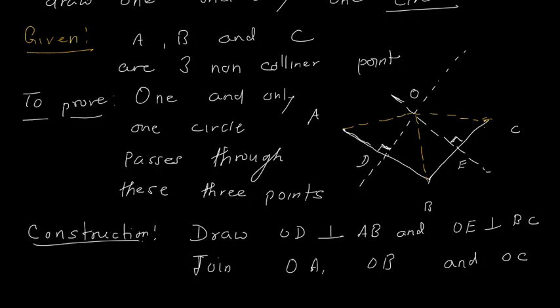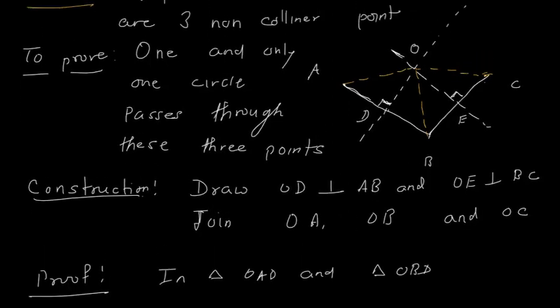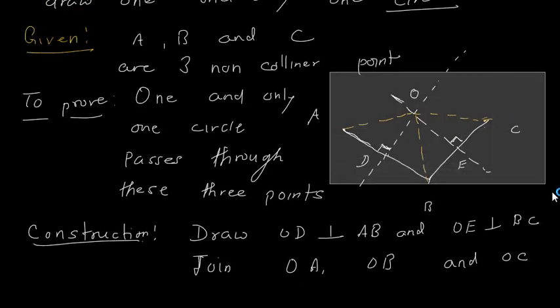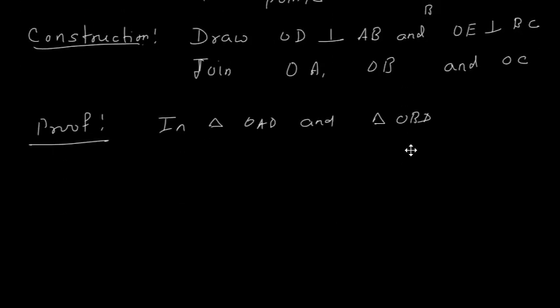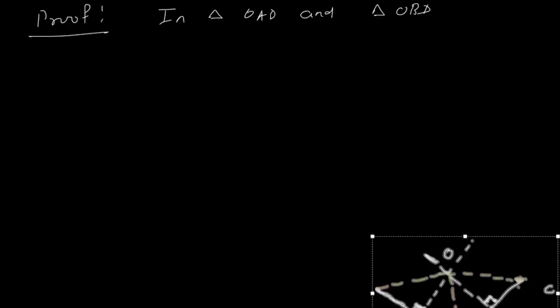This angle is 90 degrees and side OD is a common side. So what I can do is copy this diagram and put it here so that we don't have to check again and again.